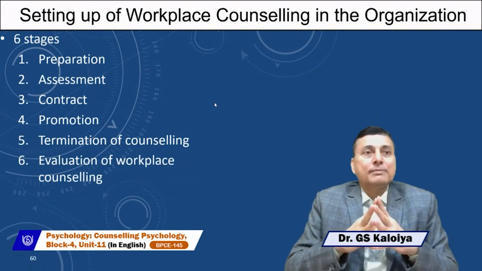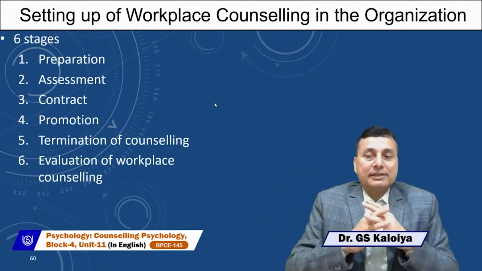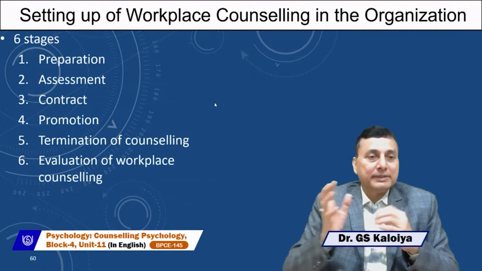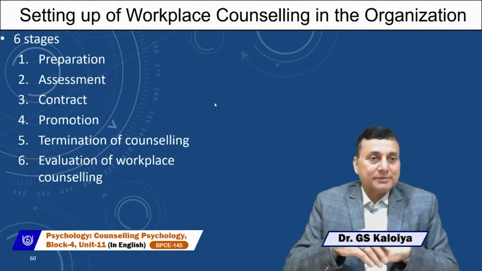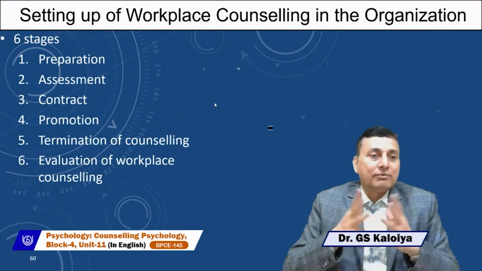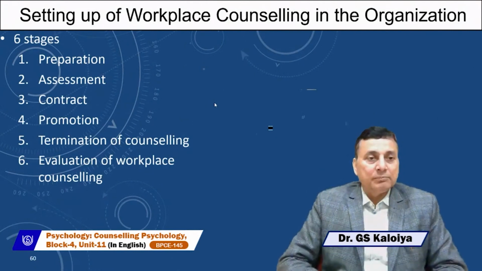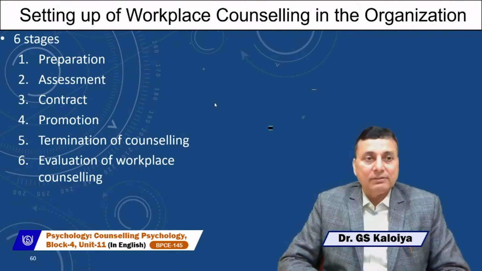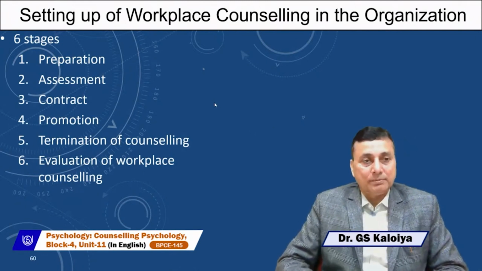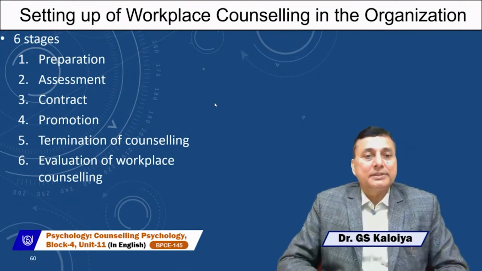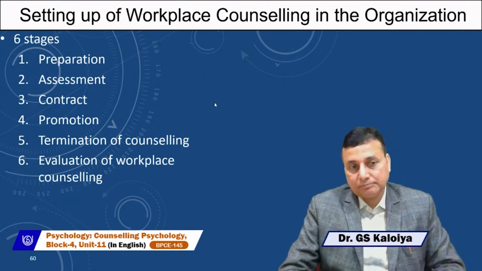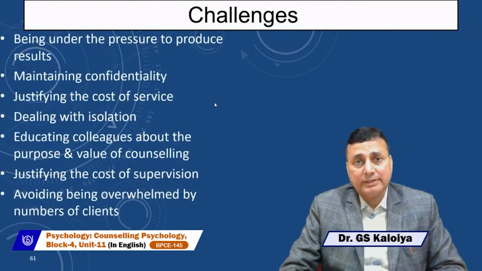Preparation means the counselor prepares the setup, like a counseling room, and there must be some facility of assessment, like stress assessment, assessment of depression, anxiety, workload, mood, etc. Then the contract with the organization, then some scope of promotion of certain things, then termination of counseling and evaluation of workplace counseling, how effective it was in the organization.